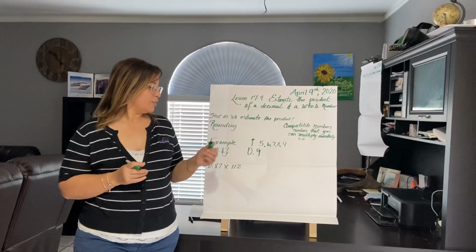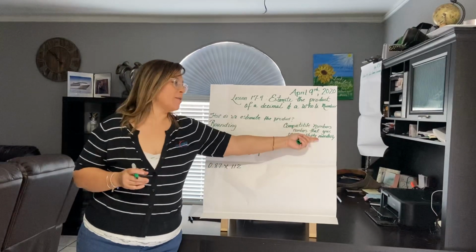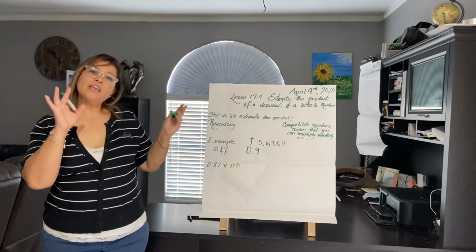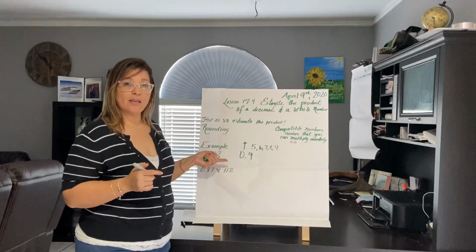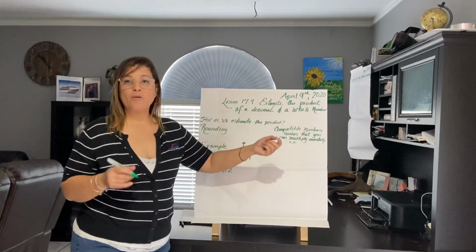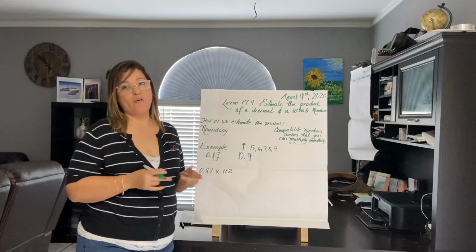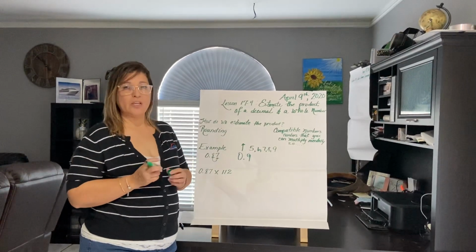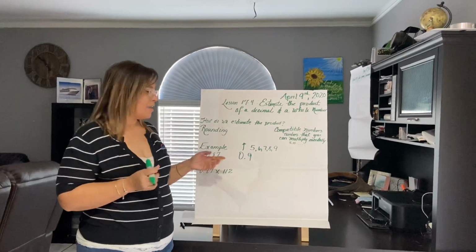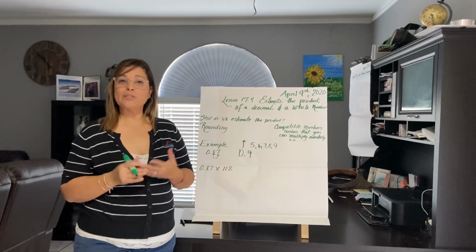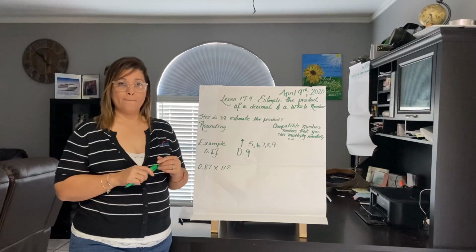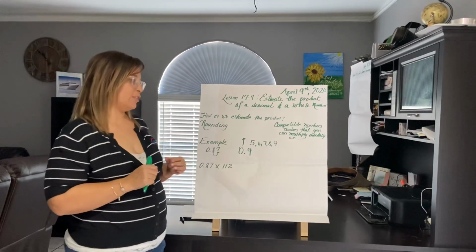Good. So when we are using compatible numbers, we're thinking of a number that is close to 8, but it ends in 5 or 0. So let's see, what number is close to 8 and it's easier for me to multiply? 5, that is correct.